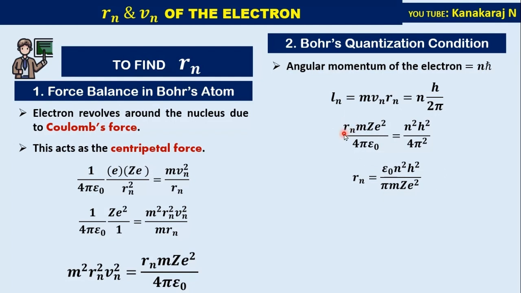The terms that get cancelled here are 4 and 4, and one pi. So, epsilon naught has gone to the right hand side. We get epsilon naught n squared h squared in the numerator, and in the denominator we have pi m Z e squared.